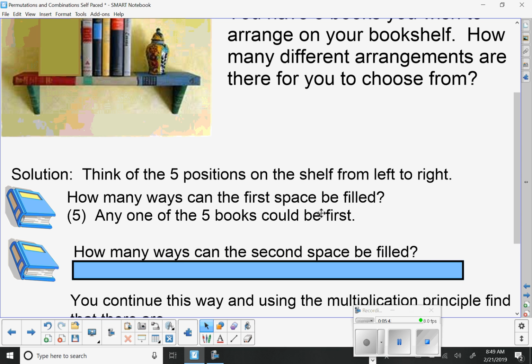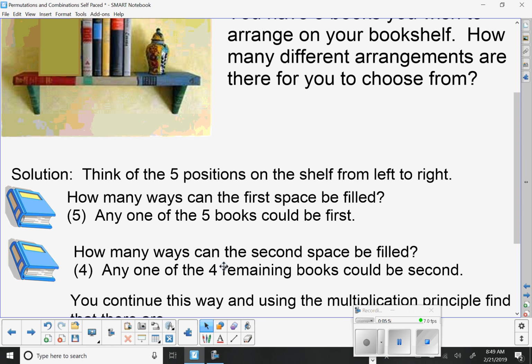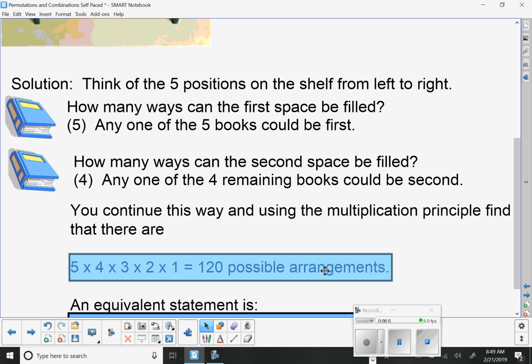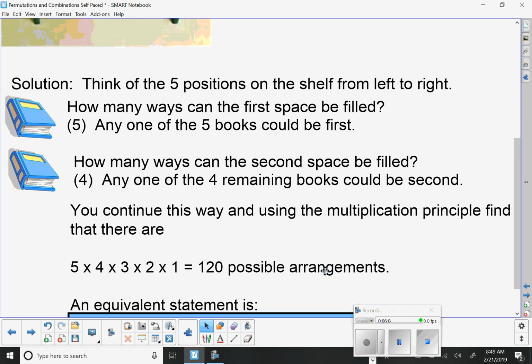When you move to the second place, though, how many books do you have left? You have 4 books left. If you only have 4 books, then there are only 4 different things that can happen in that second position. If you continue this way, then you realize that you have 5, then 4, then 3, then 2, then 1 different possible arrangements.